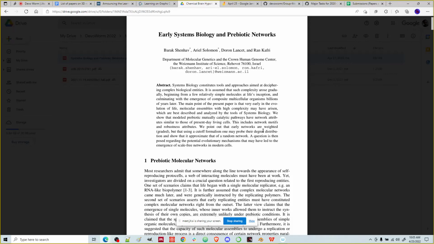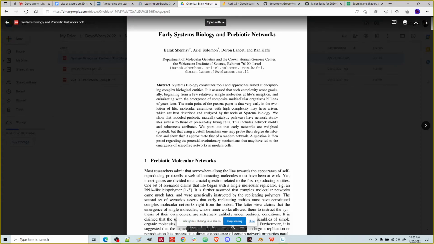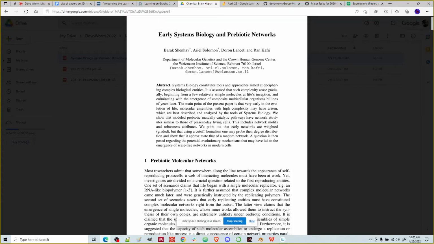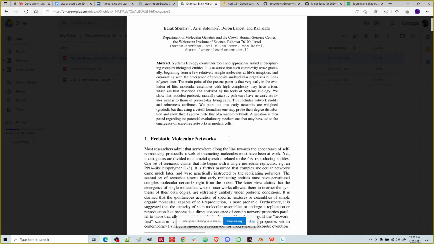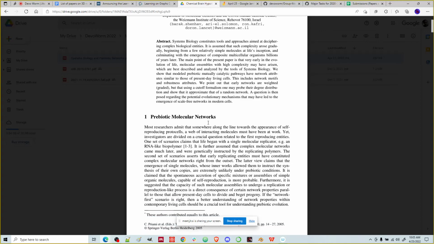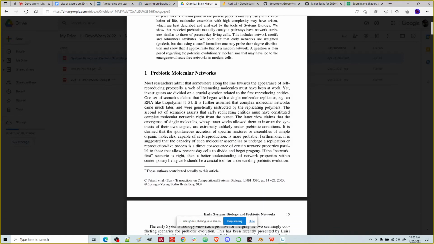In this case, they're talking about things that approximate a random network. A random network is a network where there's no real hierarchical structure in the network. It doesn't mean that they don't do anything or that they don't have structure. It's just that the structure isn't organized in any coherent way, as opposed to scale-free networks where there's a certain type of organization that leads to a certain type of behavior.